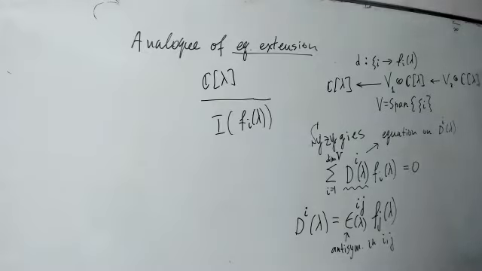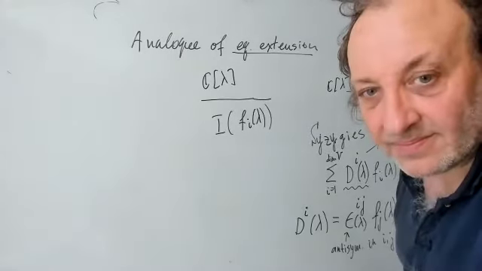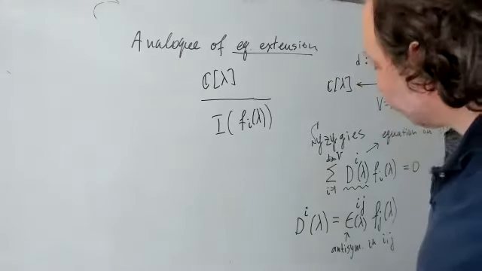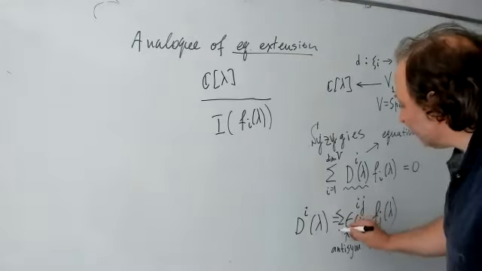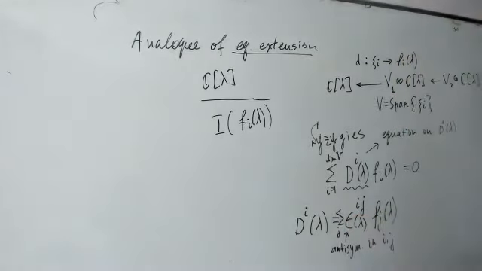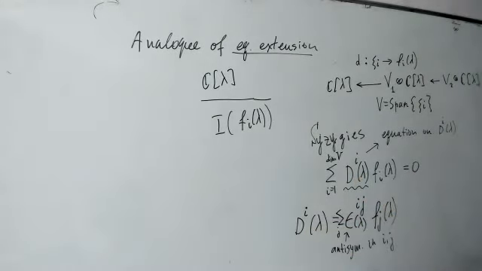So here is the sum over j. If I substitute this d of lambda here, I will get epsilon_ij f_i f_j, and it is 0, because this product is symmetric and this is antisymmetric.